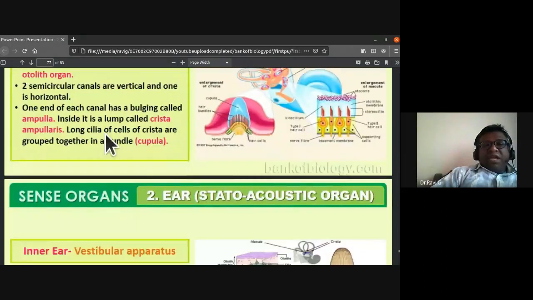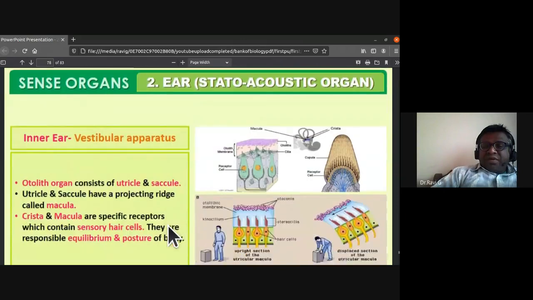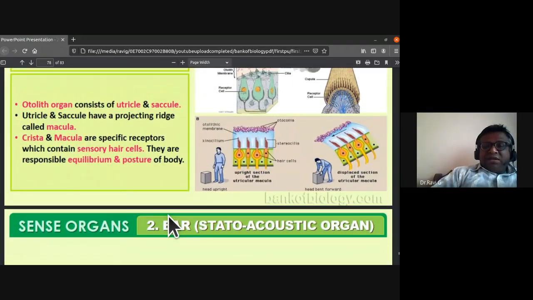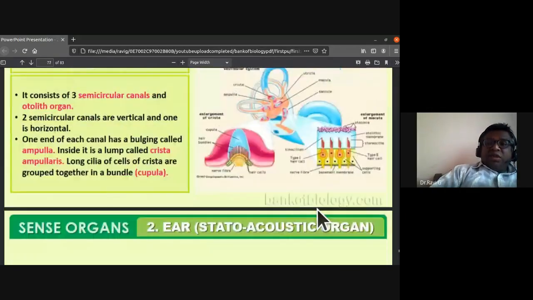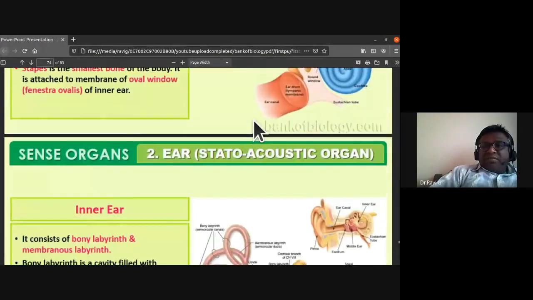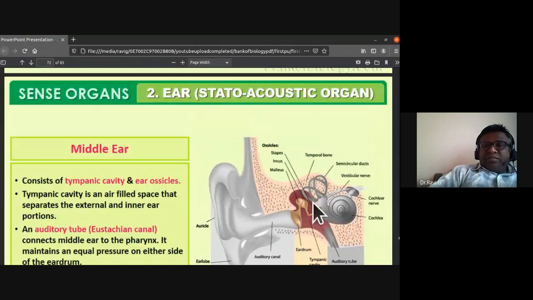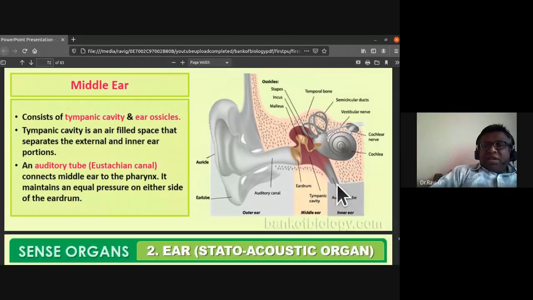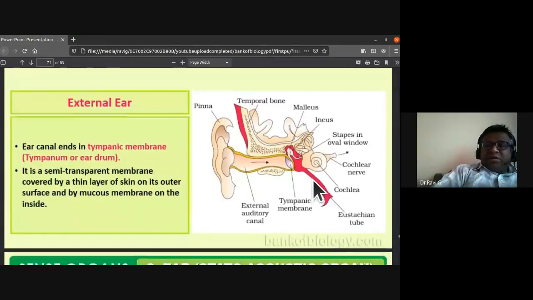It's a little difficult, but I'll show you the diagram that you require for practice. This is the diagram that you have to write during your examination. The eye is also a diagram that you have to write. This is your textbook diagram, so you have to draw this diagram of the ear.